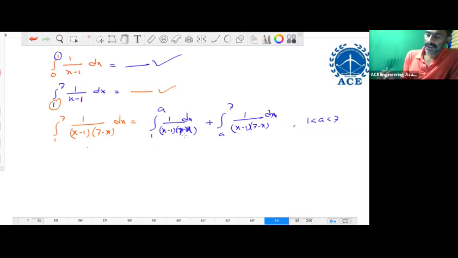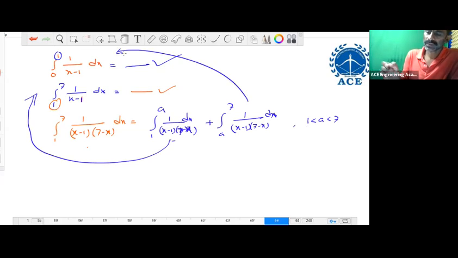Now this is infinite at the lower limit only. This is just like this only. So whenever the function is infinite at both limits, break the interval and write the integral like this.